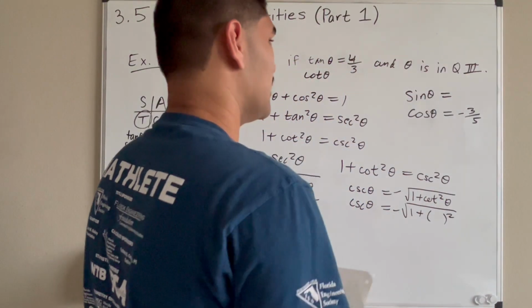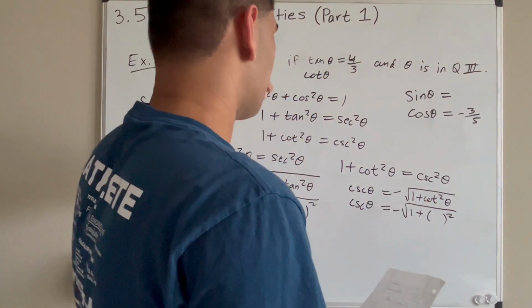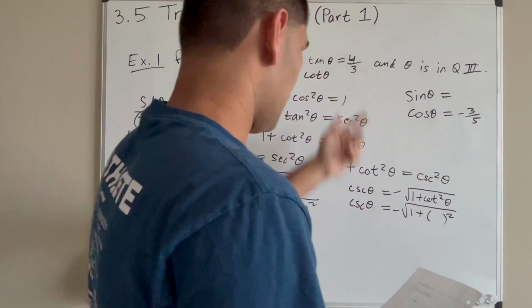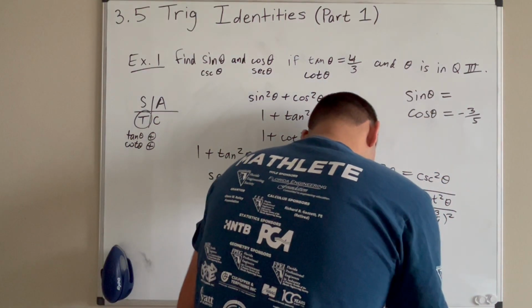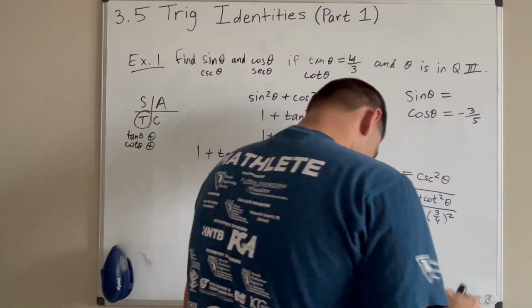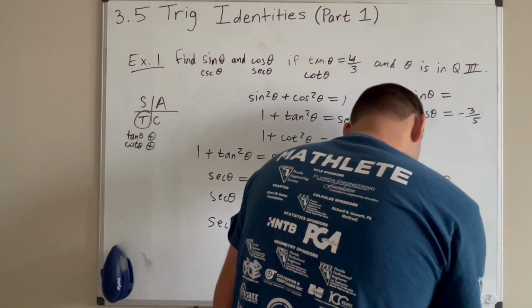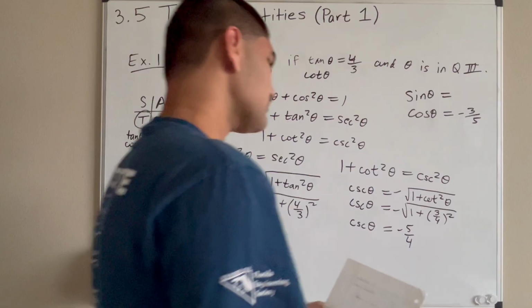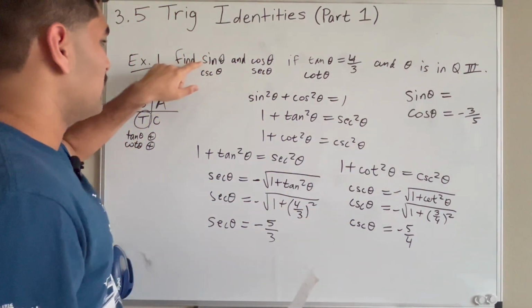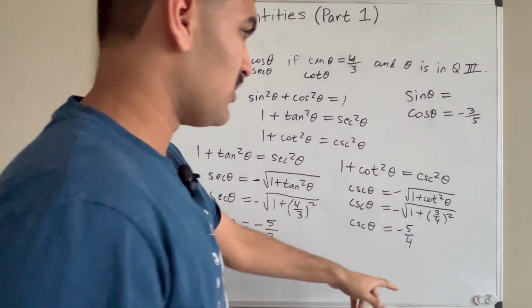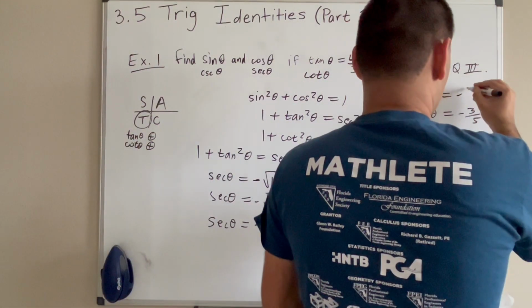Cotangent of theta is the reciprocal of tangent, which is 3/4. So you would get negative 5/4. Okay, so that's cosecant. And since you want sine, you just hit the reciprocal of this. Therefore sine is negative 4/5.